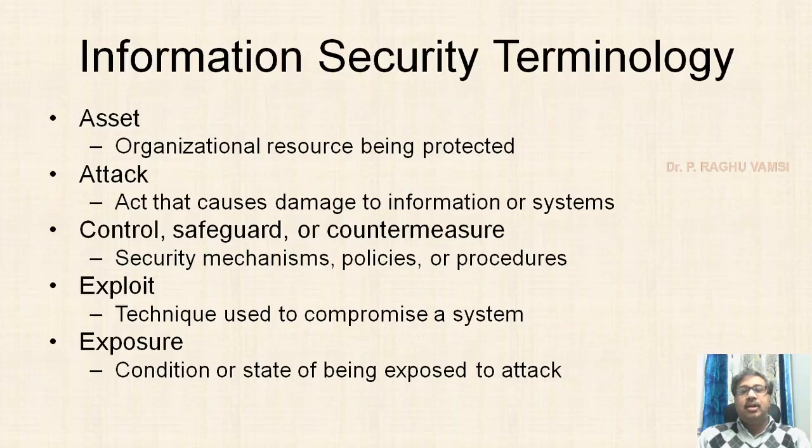Control, safeguard, or countermeasure are all one and the same, used for security mechanisms, policies, or procedures. Exploit means the technique used to compromise the system. Remember, in networking and security, compromise means you take hold of a computer. That means the attacker takes control over the system, which is called compromising.